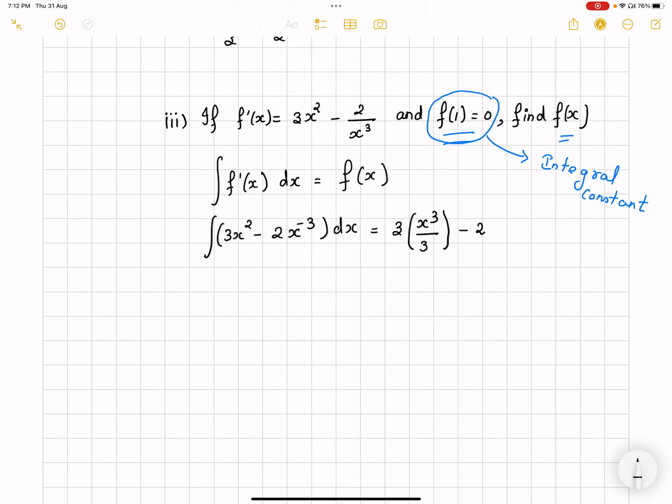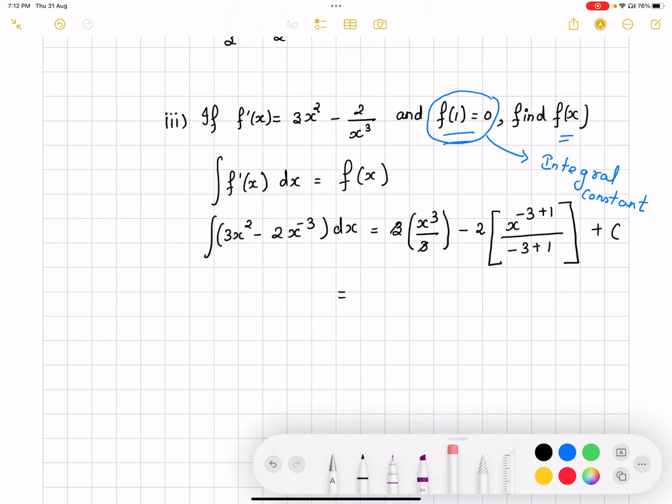We have minus 2, and then x raised to the power minus 3 plus 1 divided by minus 3 plus 1, plus c. Now the 3 gets cancelled.